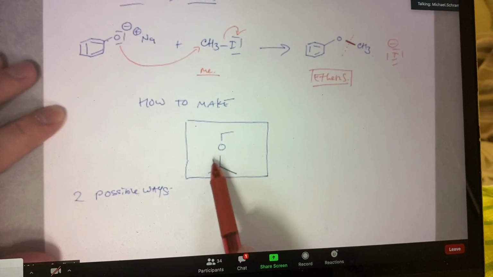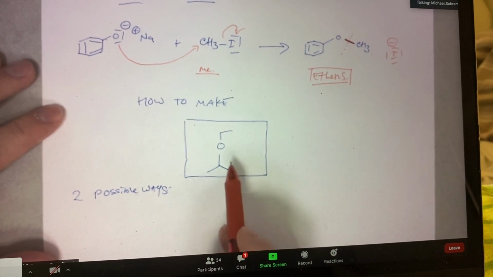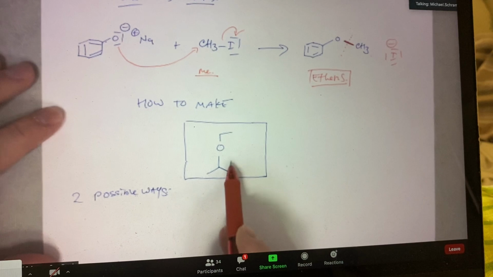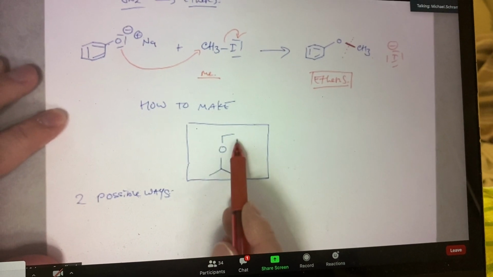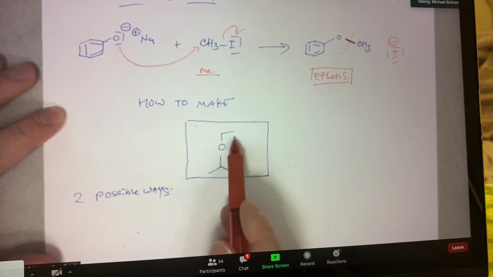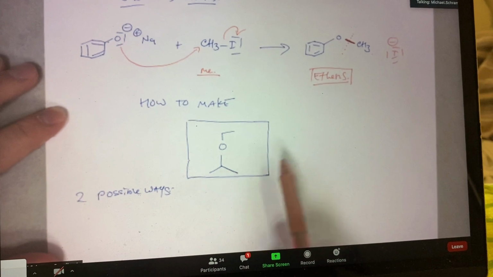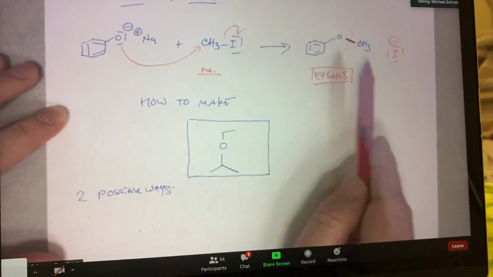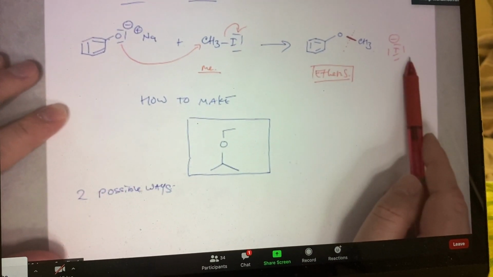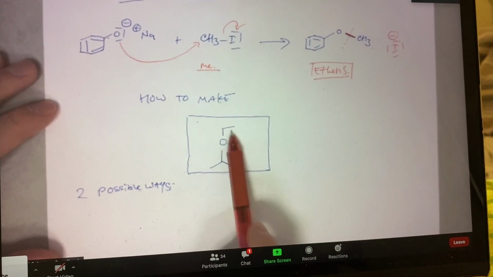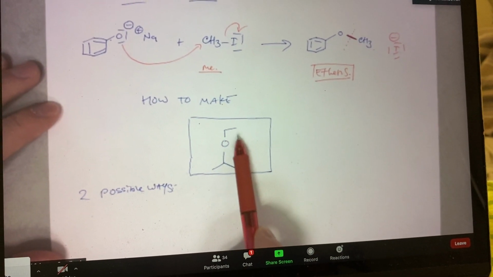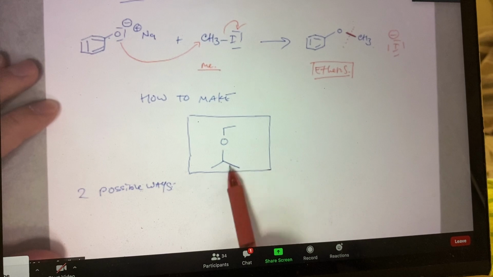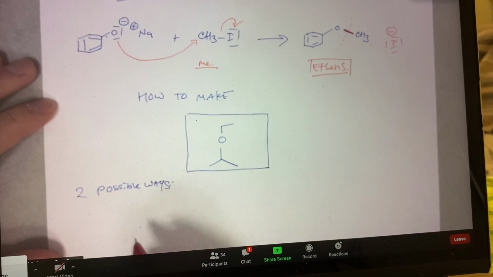Just think about either breaking, for right now, either pick this bond here at the bottom or this bond here at the top. Just pick one of those two. And I want you to backtrack using this kind of idea on how we went forward in this direction. So if you pick the top bond and cut it, which half of the molecule is the substrate, which half of the molecule is the nucleophile? Just draw them, right?